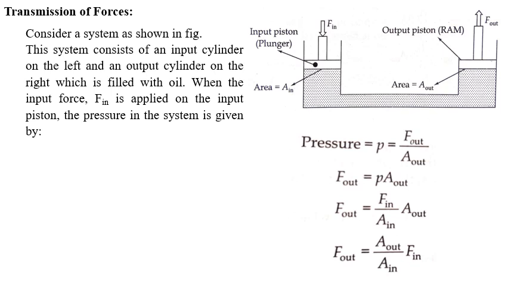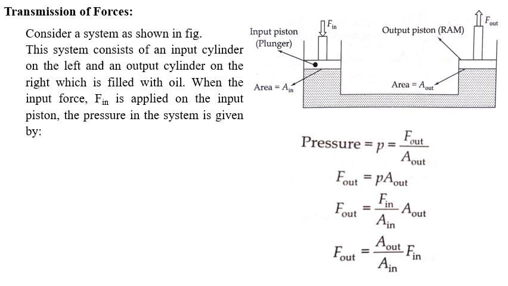Force at output divided by area at output equals pressure. When the force is applied at the input piston, the pressure is created inside this pipe or hose. The pressure is the same in all directions as per Pascal's law.